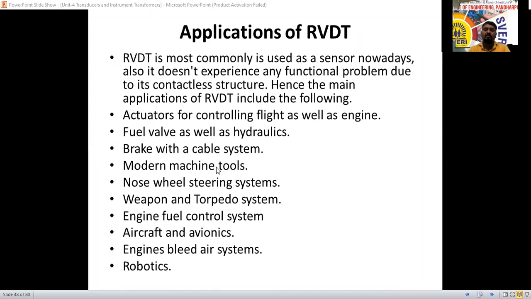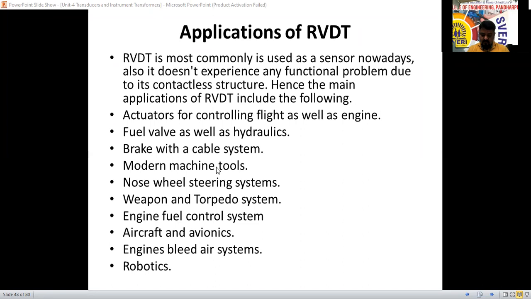So it completes the transducers. According to your syllabus, the transducer part is over here now. LVDT, RVDT up to here. RTD is over. RTC is over. Resistance temperature coefficient, classifications of transducer, electrical transducer, in that one RTD, RVDT, LVDT.